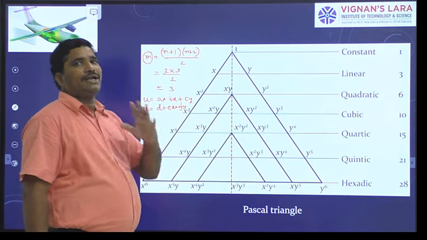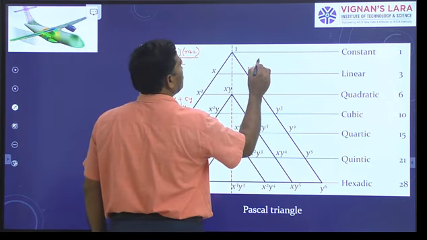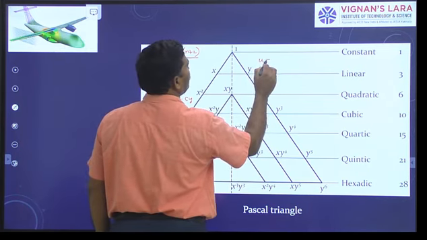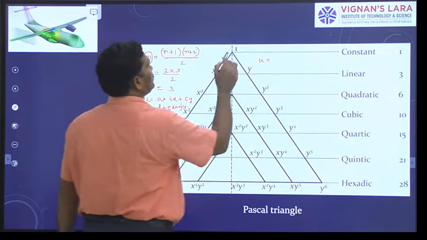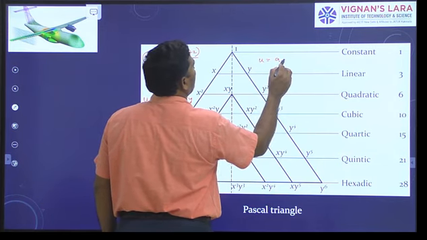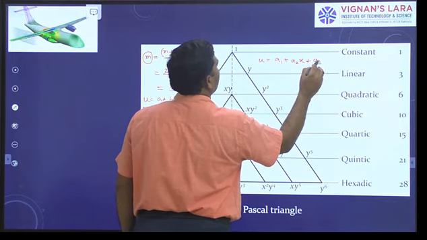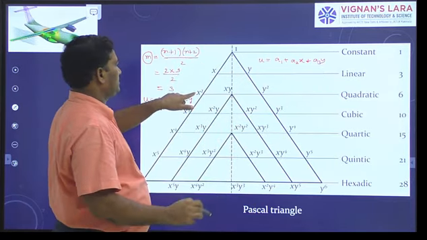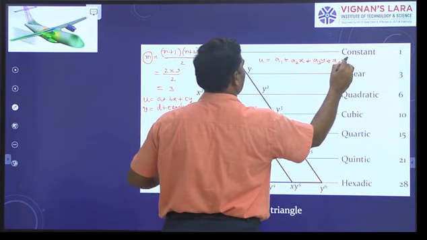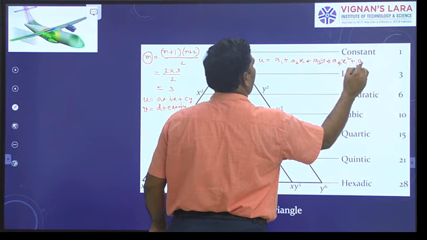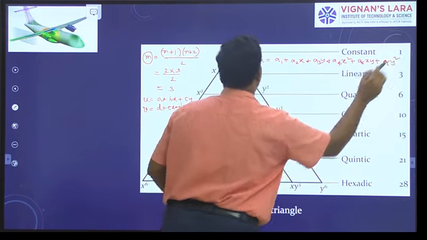If you want a second order polynomial, how do you write it? Now, I can write the polynomial for the displacement, say u, when order is 2, n equals 2. How do you write? Say a1 plus a2x plus a3y, next plus a4 x square plus a5 xy plus a6 y square.